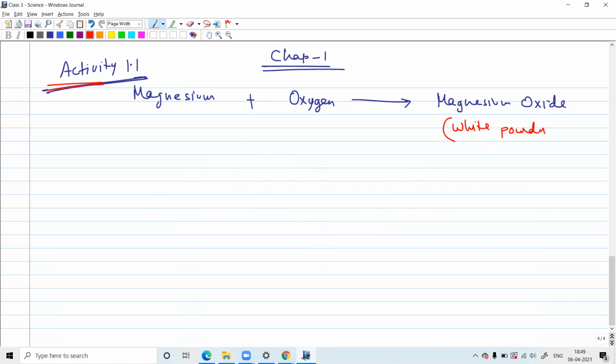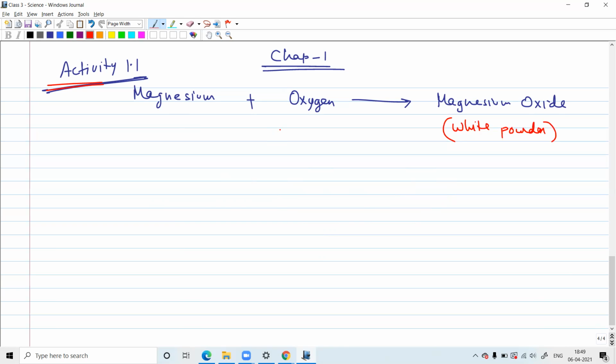So what is that white powder now? Everyone is clear with that? It's magnesium oxide. Now I have written this reaction just in terms of words. I have not written their symbols, MgO2 or MgO. Those things we will see once we learn how to balance equations.